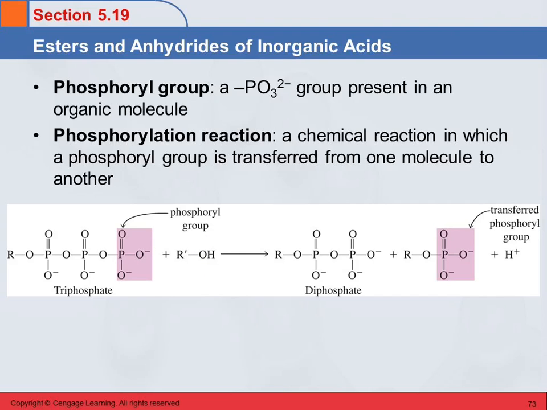So we can get a triphosphate transferring a phosphoryl group to something else, and then what we have left is a diphosphate. And this is the process that occurs when ATP becomes ADP. And there's energy involved, and this is one way that your body does what it does. It's really cool.